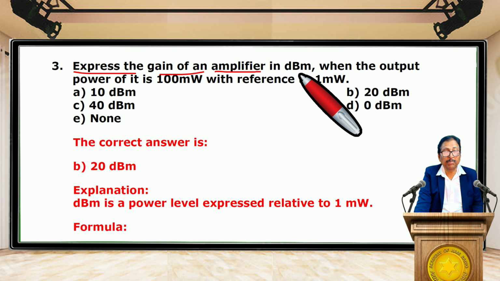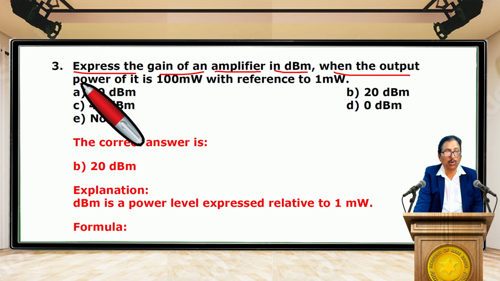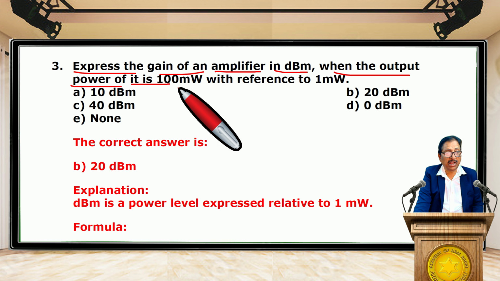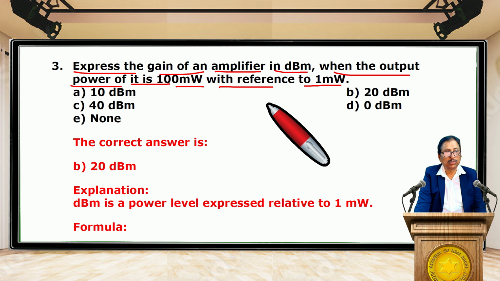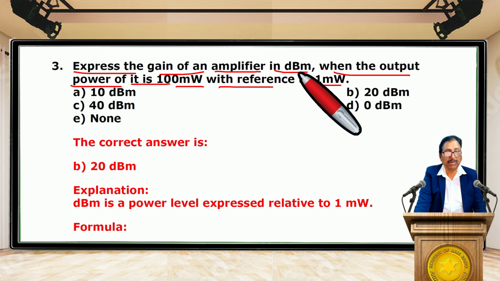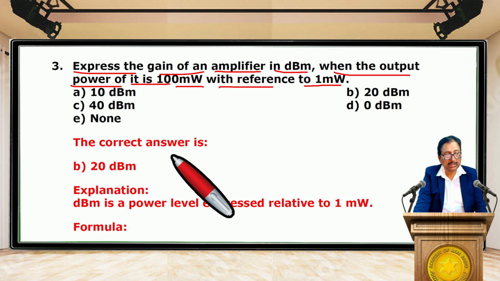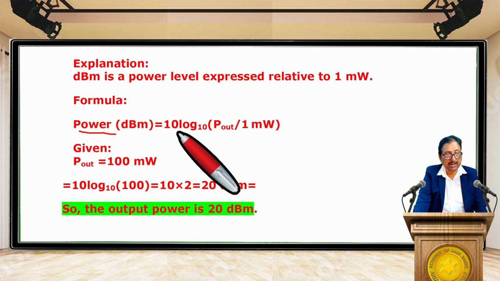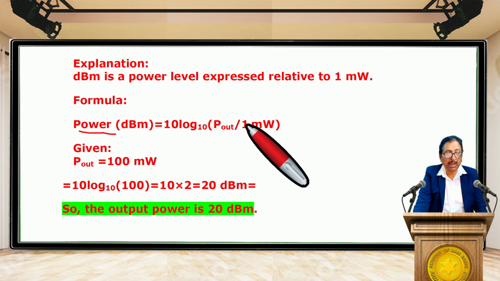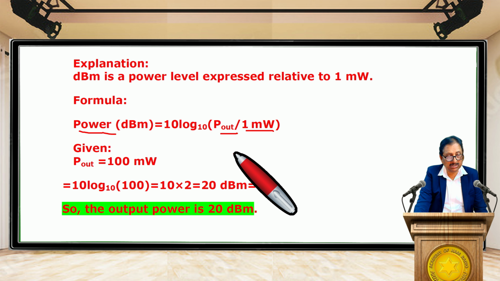Express the gain of an amplifier in dBm when the output power of it is 100 milliwatts with reference to 1 milliwatt. So we have to find out the gain of an amplifier in dBm. The formula is: power in dBm is 10 log to the base 10 of P out by P in. Here P in is 1 milliwatt, P out is 100 milliwatts.